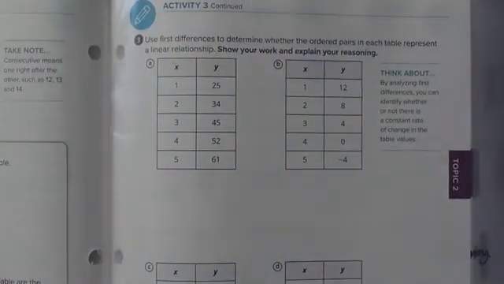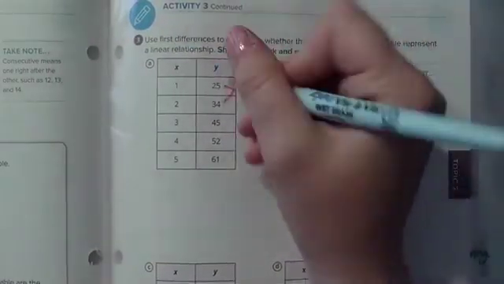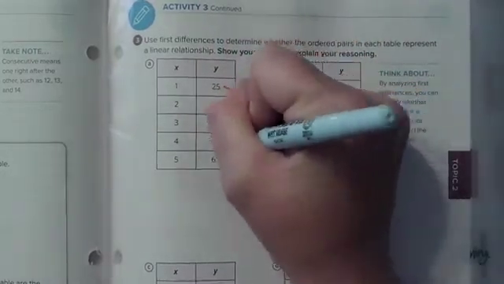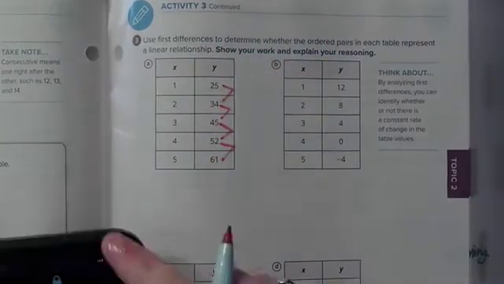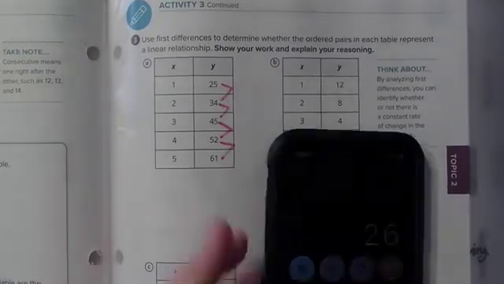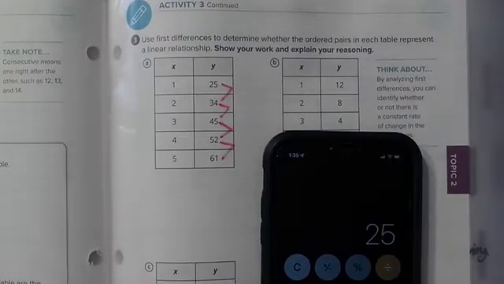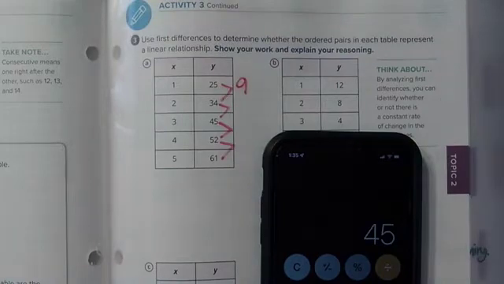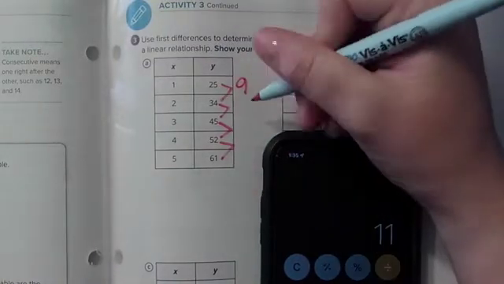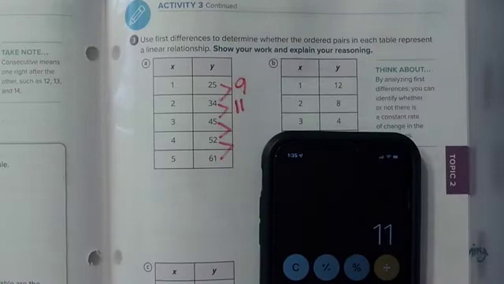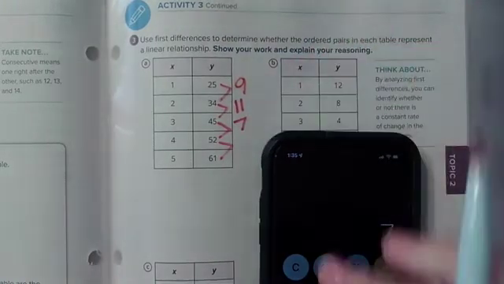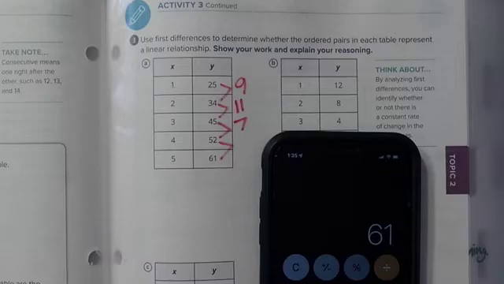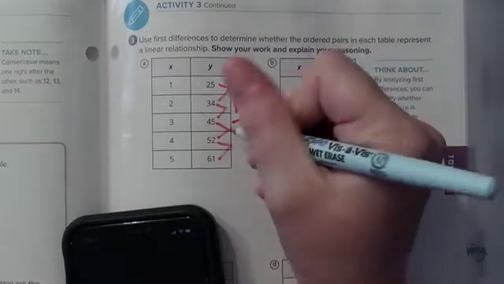Let's look between 25 and 34. So 34 minus 25 is 9. 45 minus 34 is 11. 52 minus 45 is 7. 61 minus 52 is 9.